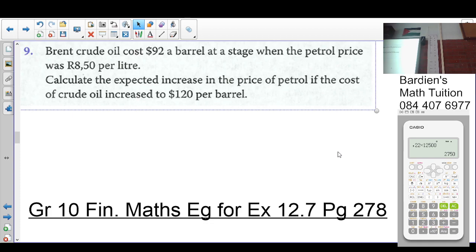Okay. So calculate the expected increase in petrol if the cost of crude oil is increased to $120 per barrel. So how do we work out percentage increase?